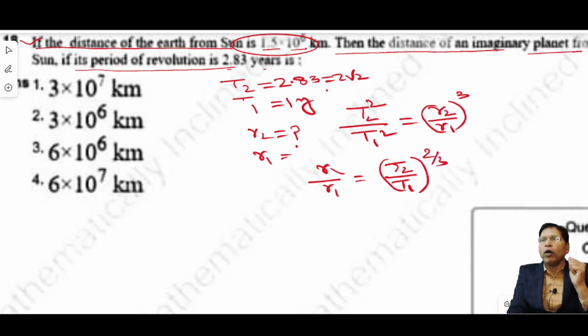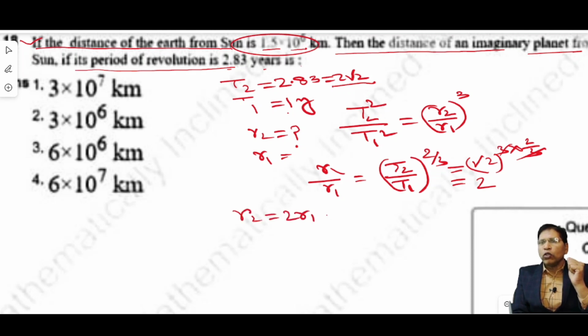T2 is 2 root 2 by 1, so this is root 2 cubed to the power 2 by 3. This and this cancel out, so this is 2. Therefore, R2 equals 2 R1, which is 2 into R1, where R1 is 1.5 into 10 to the power 6. So option 2 is correct.